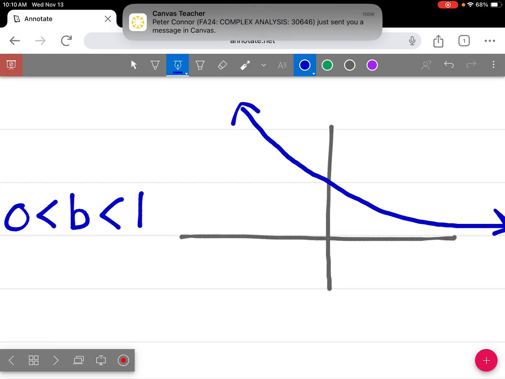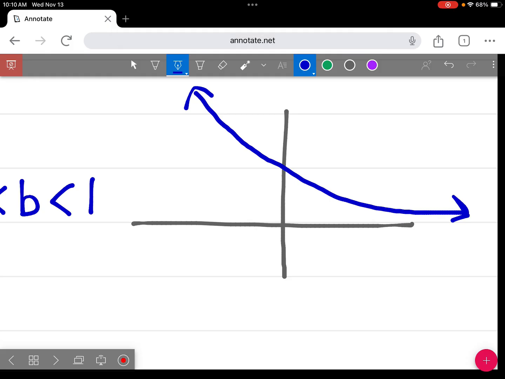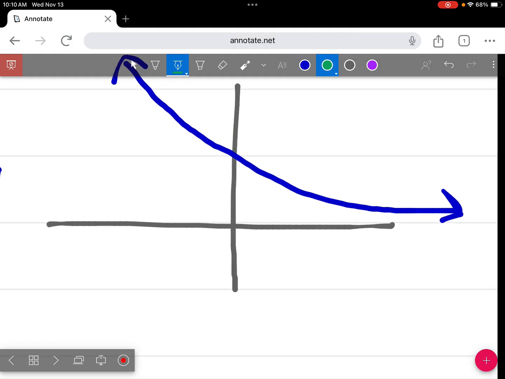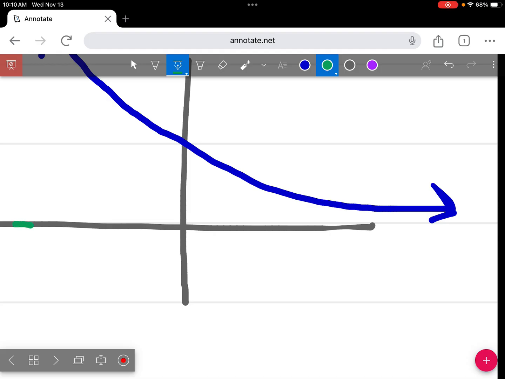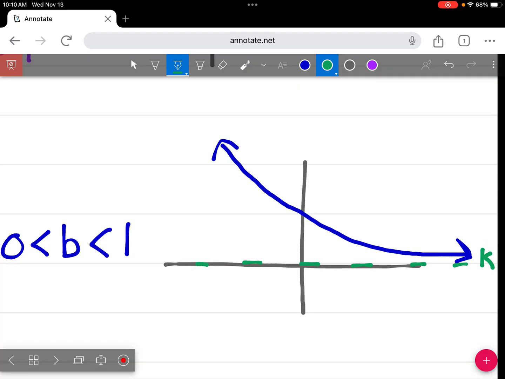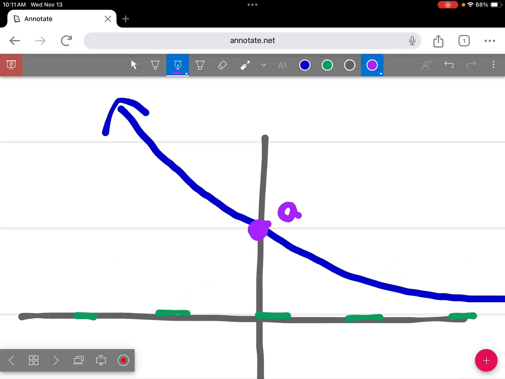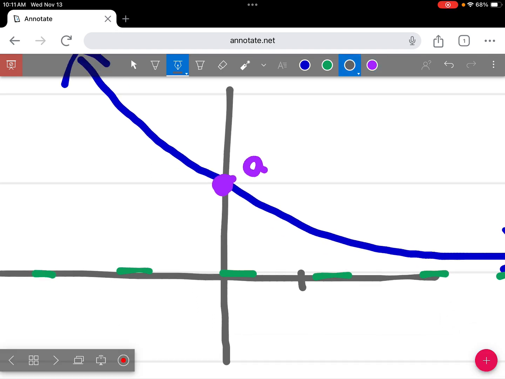And it has all those same pieces where we're still going to have our horizontal asymptote at the K. What should be the y-intercept most of the time is going to be where we have A, our starting amount. If I go over to where x is 1, it's going to be A times B, which we'll look at a lot closer when we get into the graphing stuff, which we will get to, just not today. Just want to give us one of those, we can see all the pieces things.